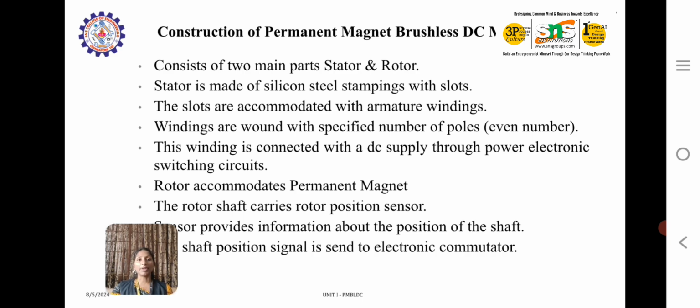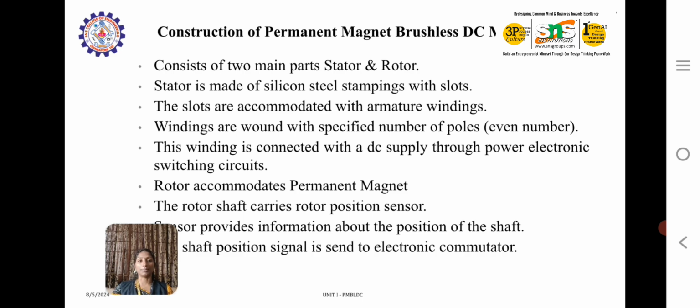The stator is made of silicon steel stampings with slots, and the slots accommodate armature windings, wound with a specified number of poles, particularly an even number. This winding is connected to the DC supply through power electronic switching circuits, which are used for the purpose of electronic commutation.